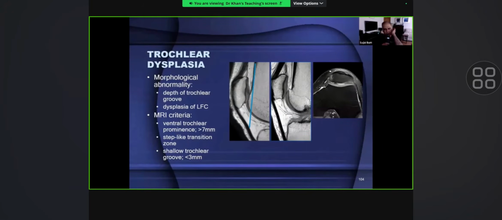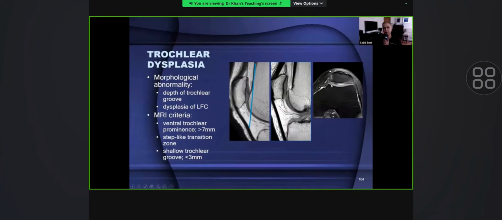The trochlear dysplasia is the example of a dysplastic, shallow looking trochlea. So if you look at the axial imaging here, notice that normally the trochlea has a medial facet and a lateral facet, and the lateral facet is larger normally.